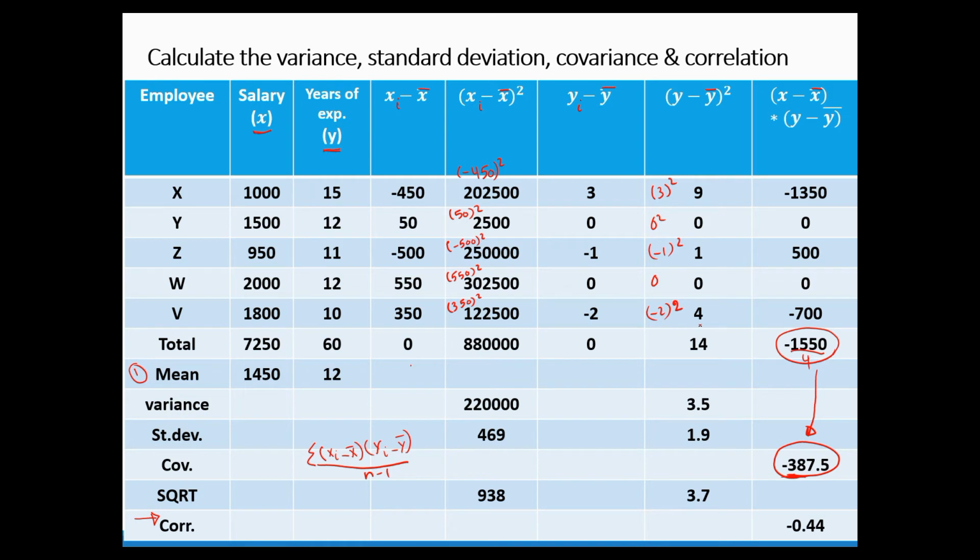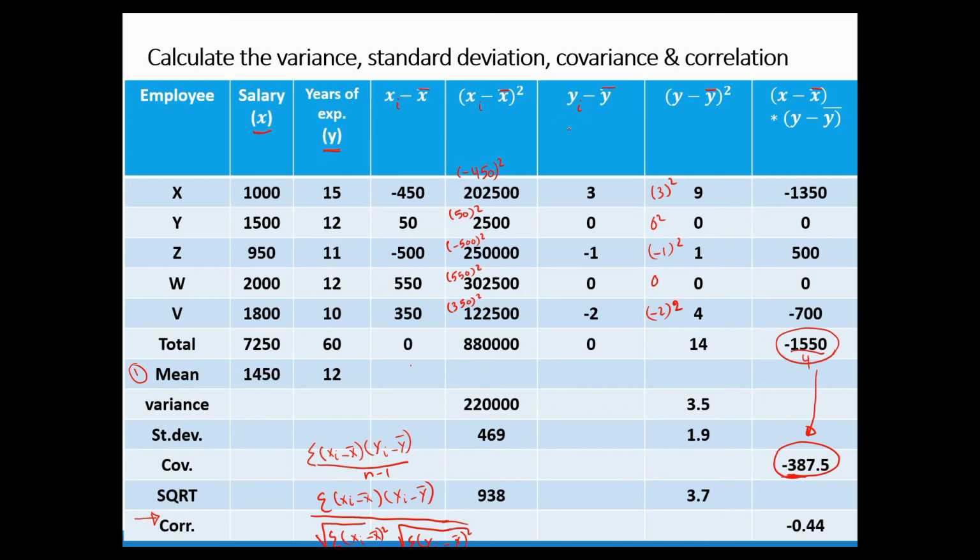For the correlation, the numerator is the same as the covariance, but the denominator is the square root of the summation of xi minus x bar squared, multiplied by the summation of yi minus y bar squared.